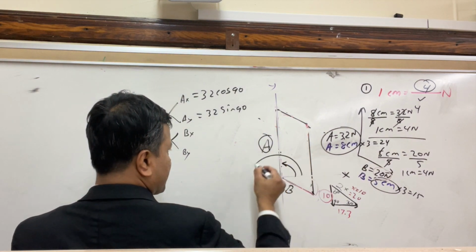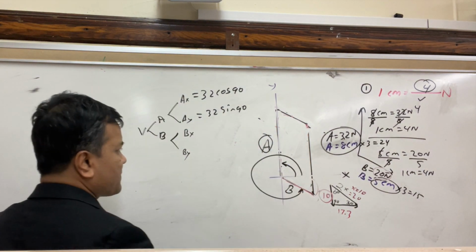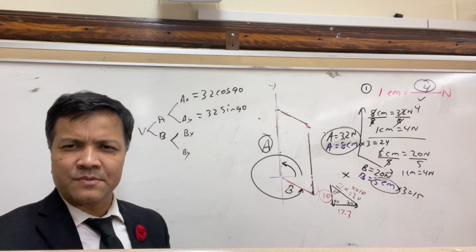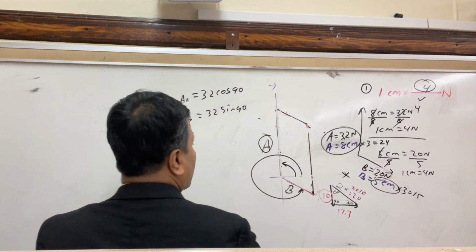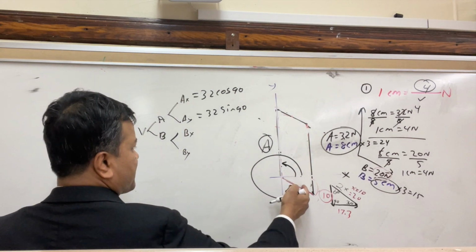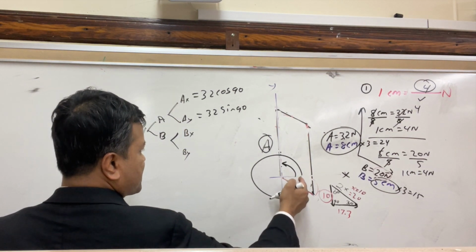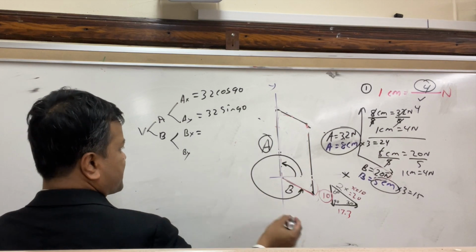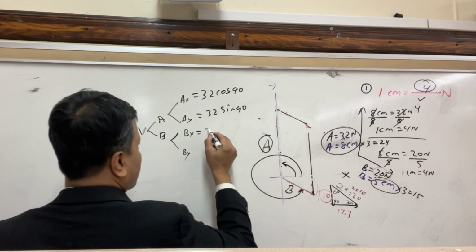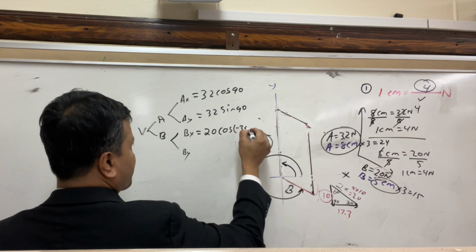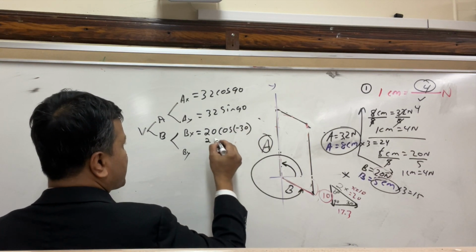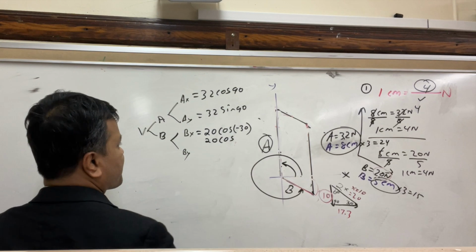And B, you can measure it like that. It's tricky to measure it by protractor, but one thing you can do is measure this one. This gives you negative 30, because this is clockwise. So B is 20. You write 20 cosine negative 30, or you can write 20 cosine 330.